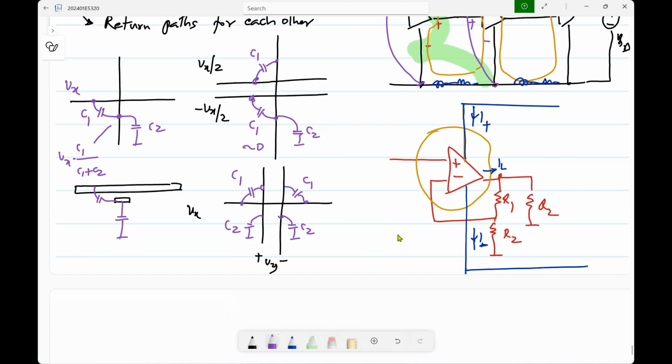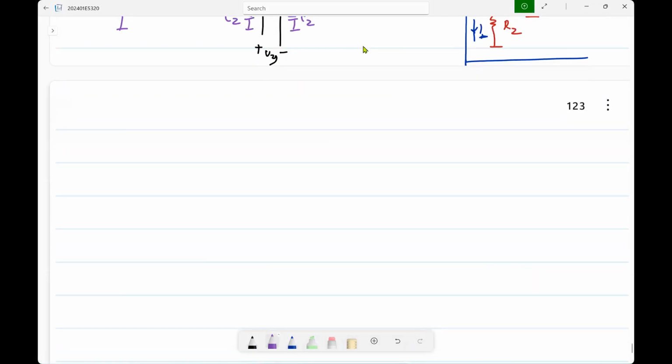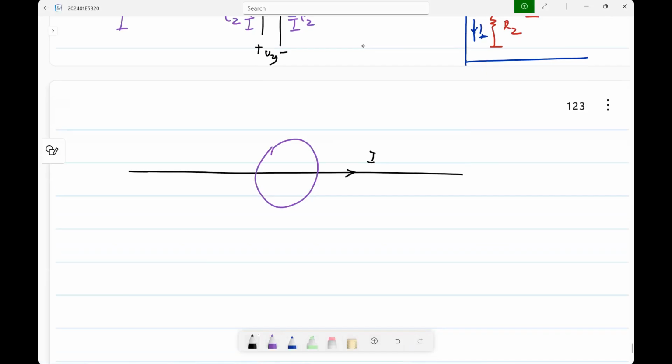If you have a single wire running and it's carrying a current, what will be its magnetic field? I'm sure you vaguely remember some formula from some time. There'll be some magnetic field rings around it. But then if I have two wires closely spaced to each other, and one is carrying I and the other is carrying I back, what will be the magnetic field around that?